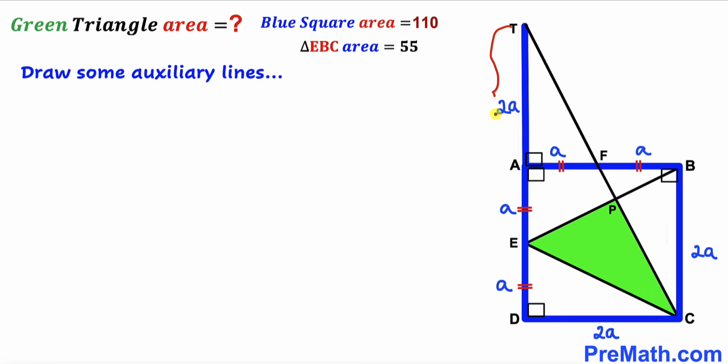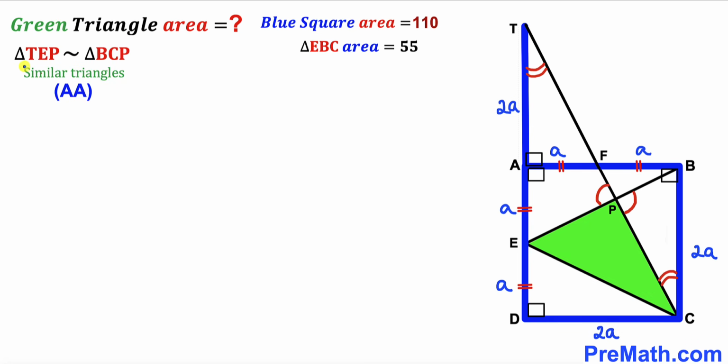Now let's make an observation. We know that line TD is parallel to side BC. So we conclude that this angle is congruent to this angle. They are alternate angles. Likewise, this angle is congruent to this angle. They are vertical angles.